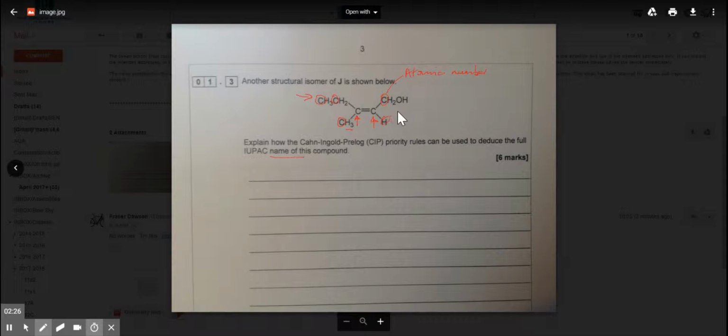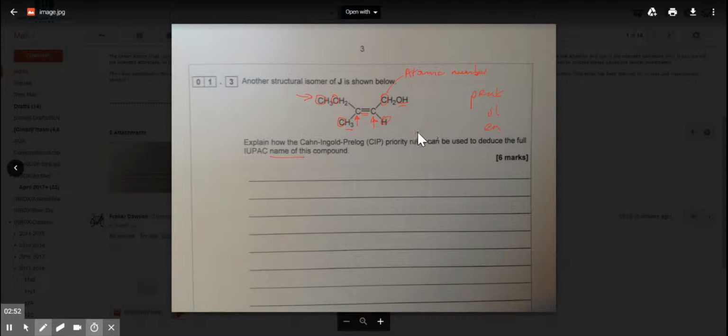So you're going to notice that hydroxyl group, you're going to notice that double bond, and then you're going to count the carbons as well. So let's count from this one: 1, 2, 3, 4, 5. You're going to combine a name with pent, ol, and ene.